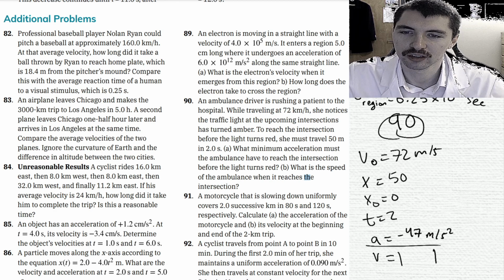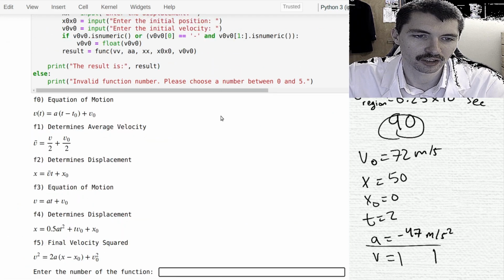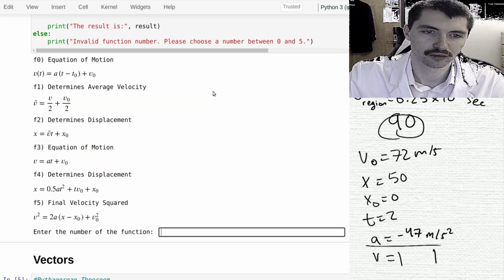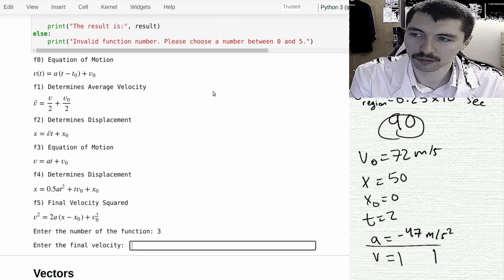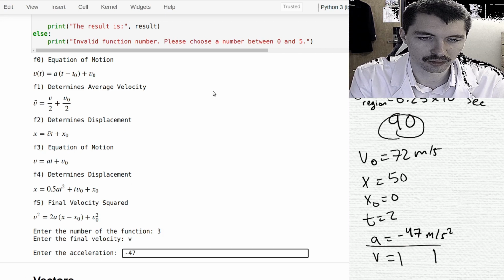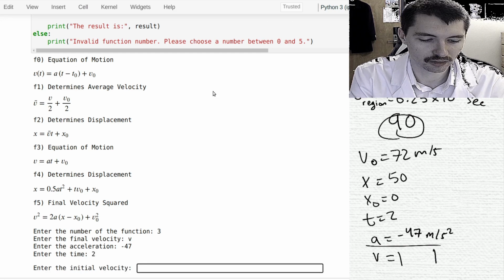What's the speed? Okay, so we're going to take equation 3. Speed, solving for v, negative 47. Time is 2, initial velocity 72.